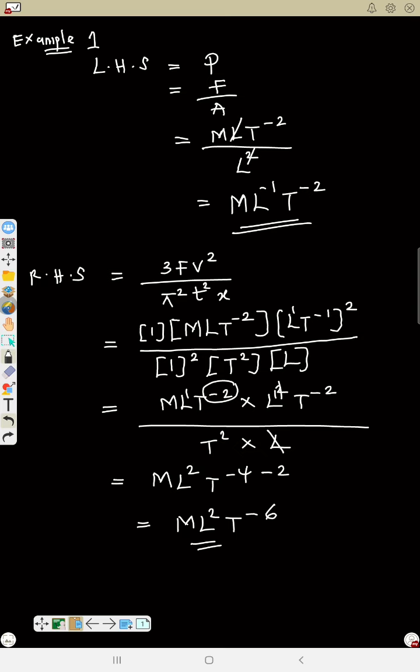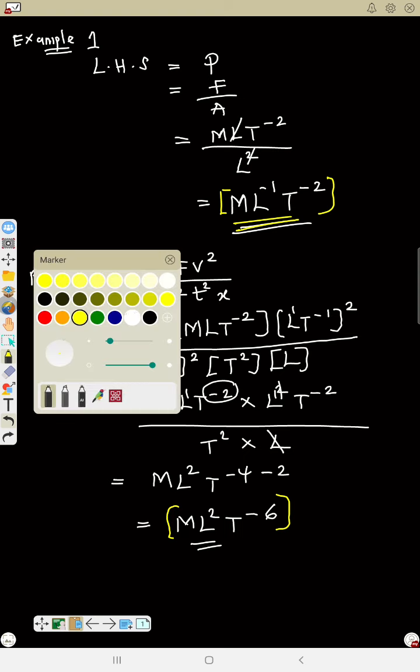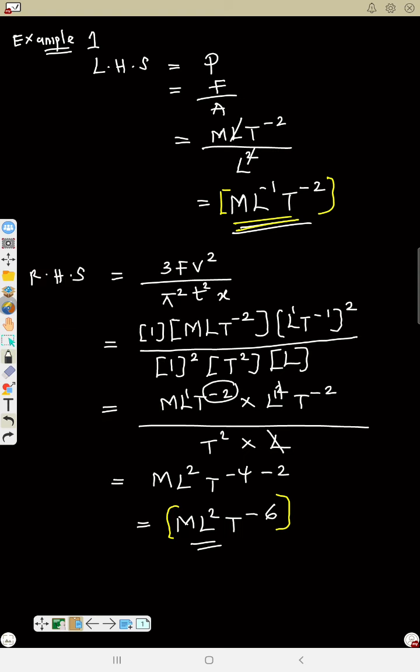Now confirm the two results. The dimension for the left hand side is this, while the dimension of the right hand side is this. They don't have the same value, so that means this formula is not dimensionally correct. So the formula can never be right.